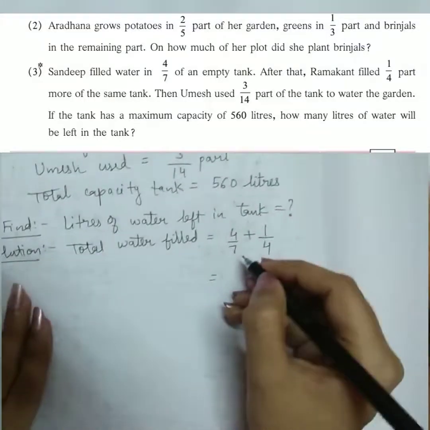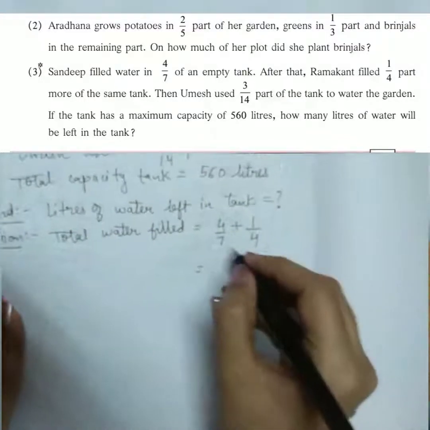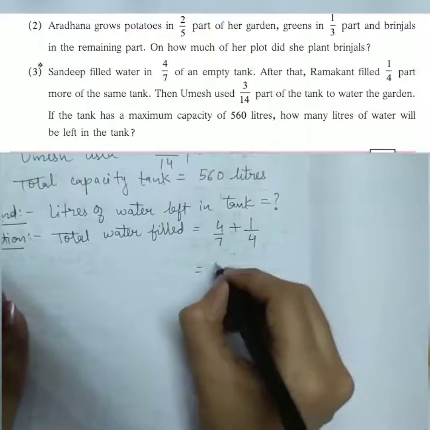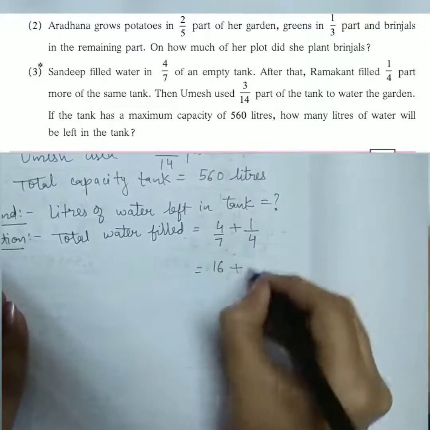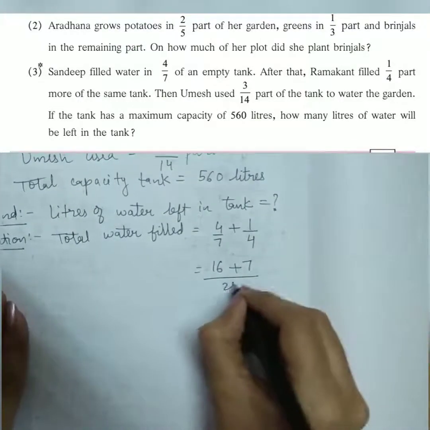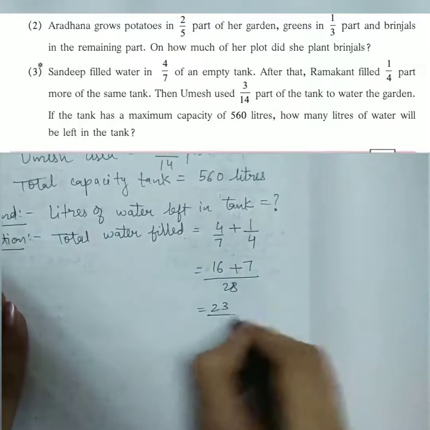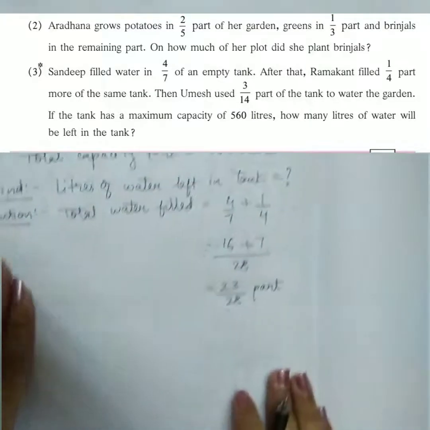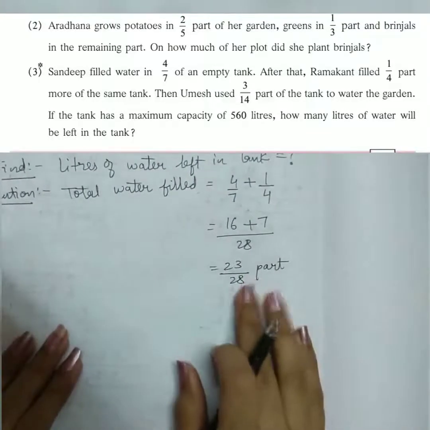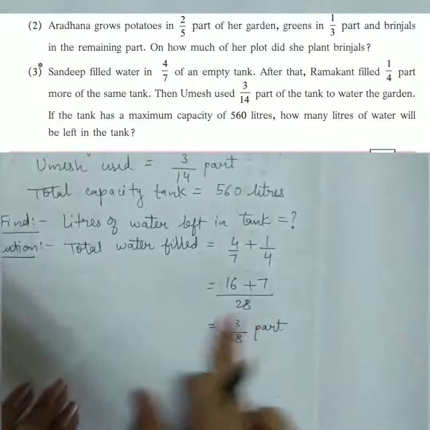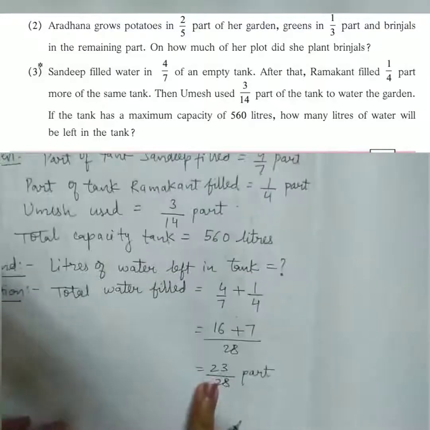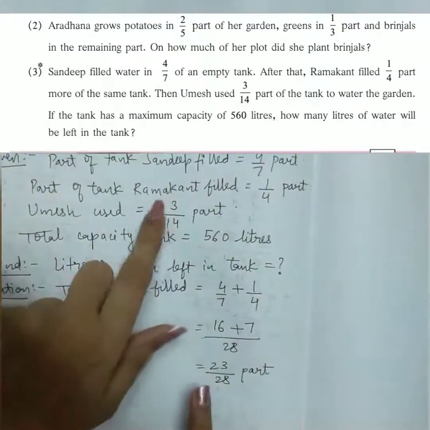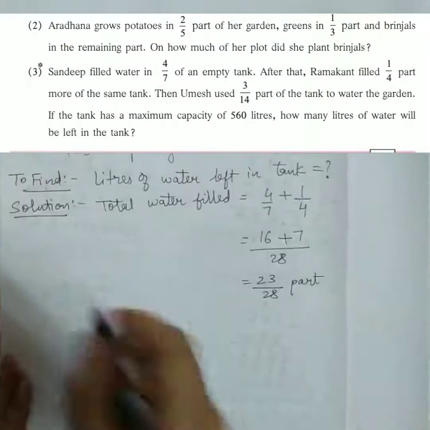Again, denominators are not the same, so we will cross multiply. 4 4s are 16, 1 7s are 7, 7 4s are 28. This is 23/28 part. Now this is the water filled and this is the water used. So we will subtract.